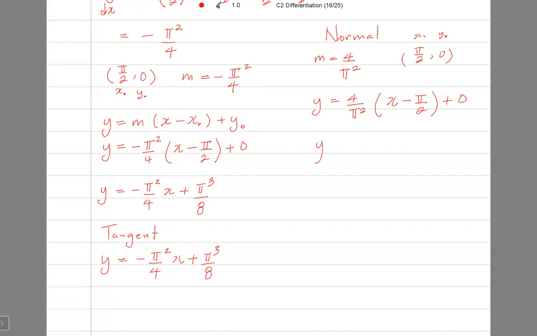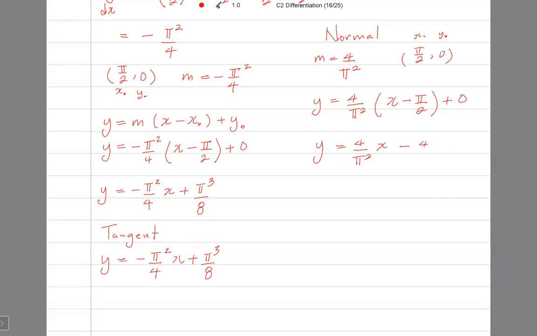Distributive law, y is equal to 4 over pi squared x. Positive times a negative is a negative. Pi is going to cancel one of the pi, so just pi at the bottom. 4 goes into 2, goes into 4 2 times. All right, let me spell it out, because sometimes persons might miss stuff. So distributive law, a positive times a negative is a negative.